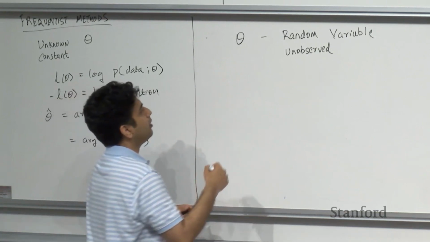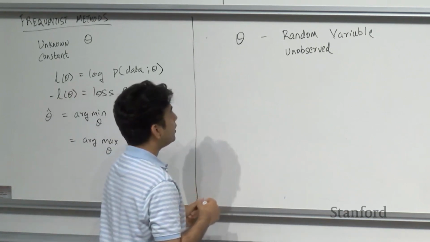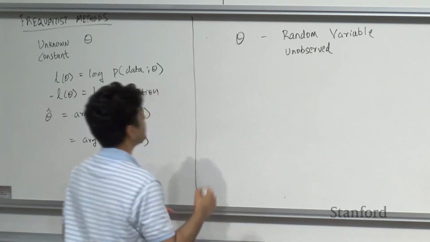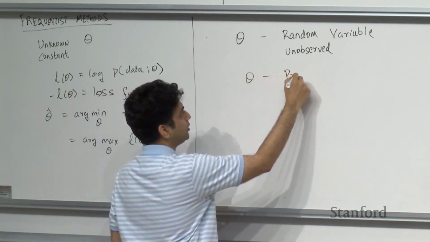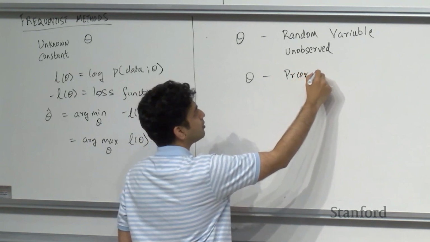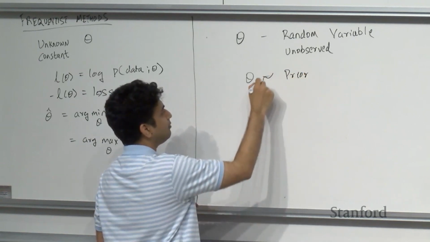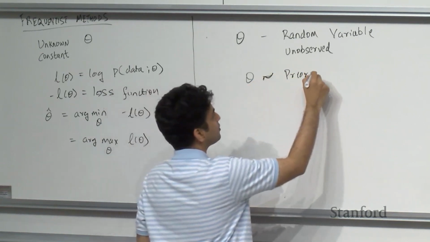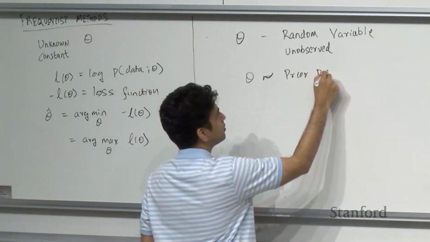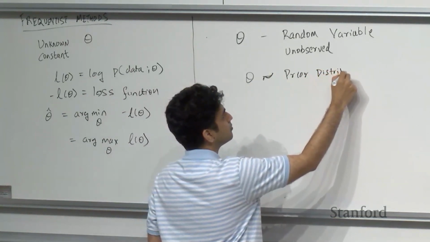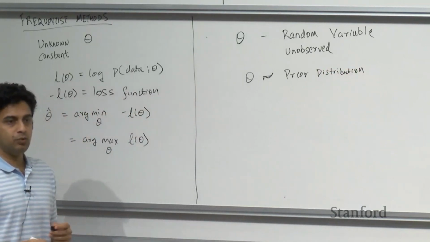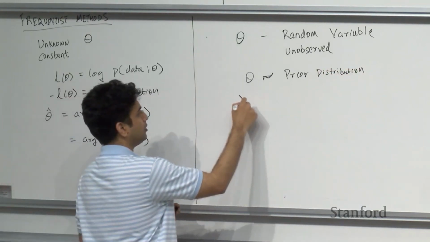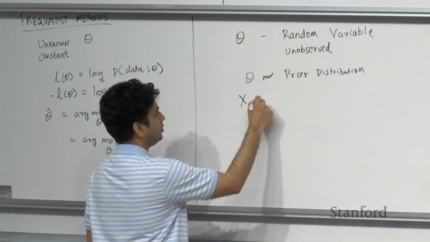And the first thing we do in Bayesian methods is to assign some prior probability distribution on theta. So we believe that theta comes from some prior distribution, right? And then we observe our x, data.